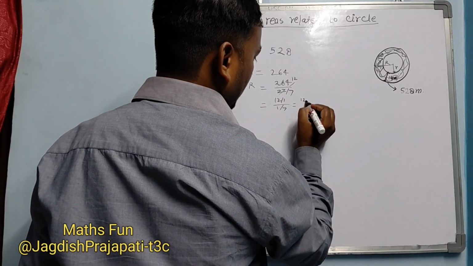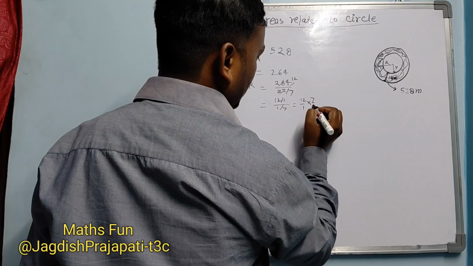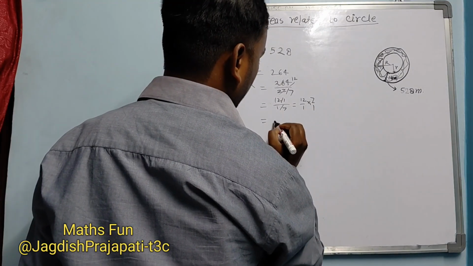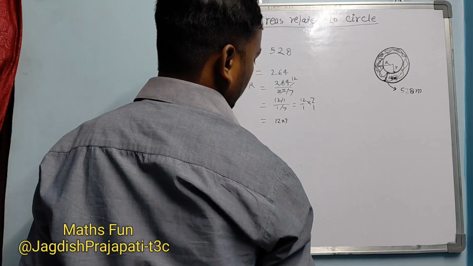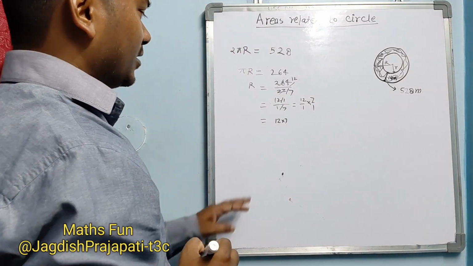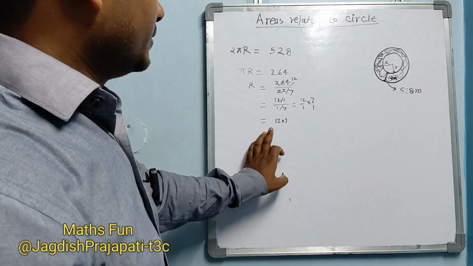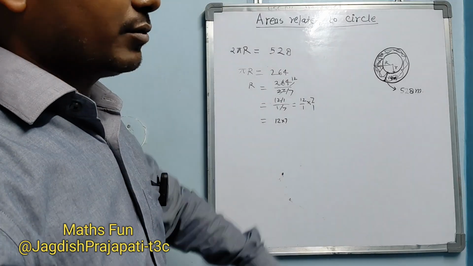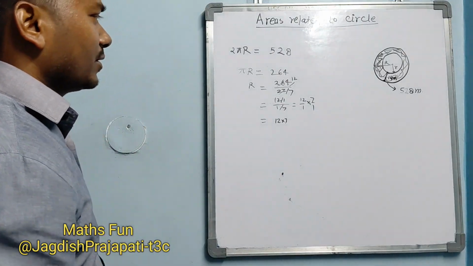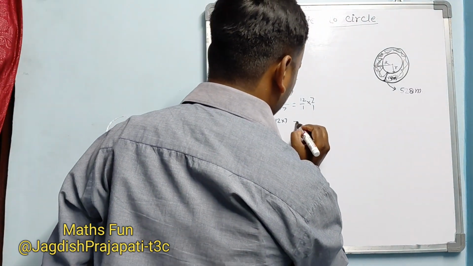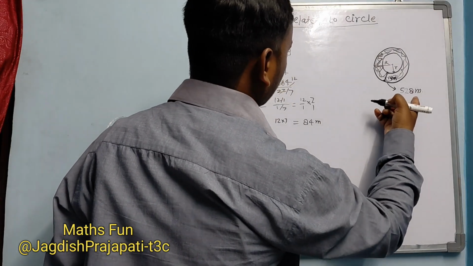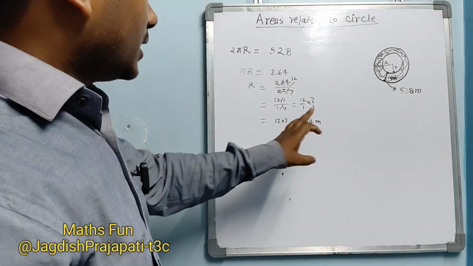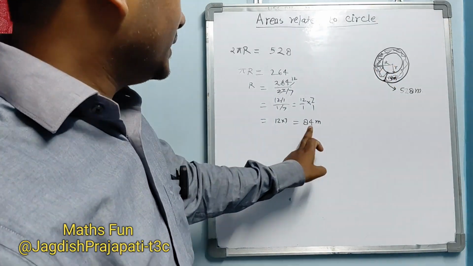So this will be 12 by 1 into 7 by 1. So this is 12 into 7. I am not multiplying this, it will be easy in the calculation. Or you can multiply, no issue. 84. This will be in meter. So the capital radius is 84 meter.